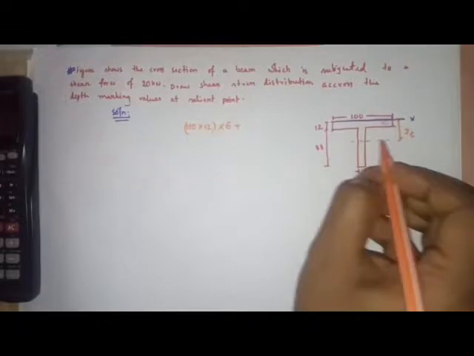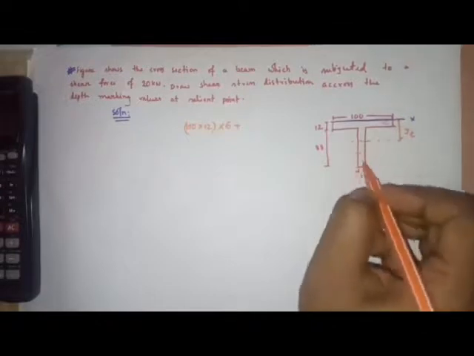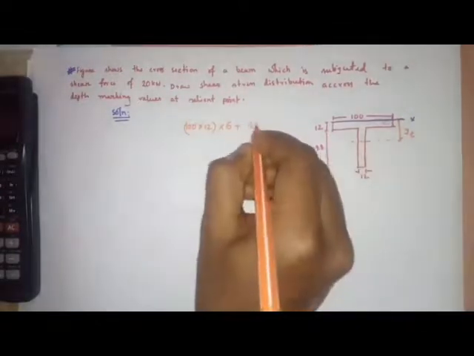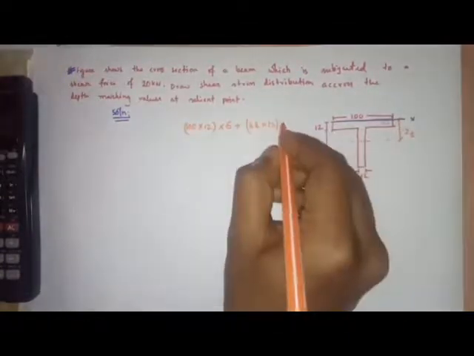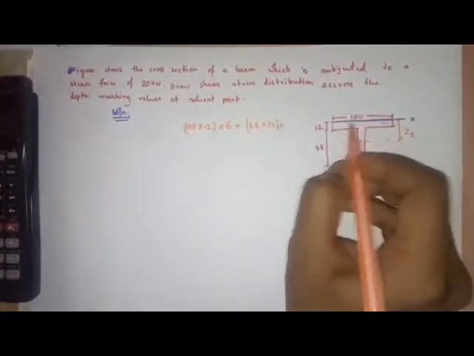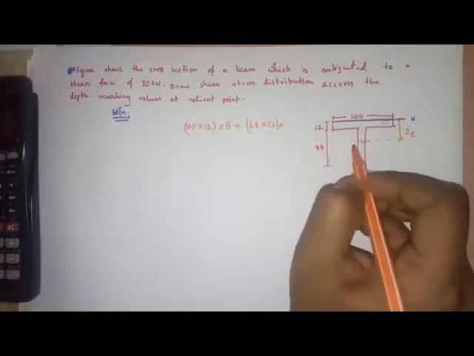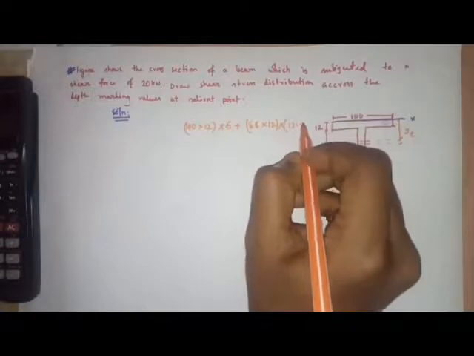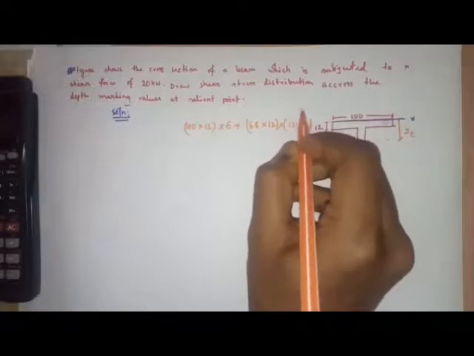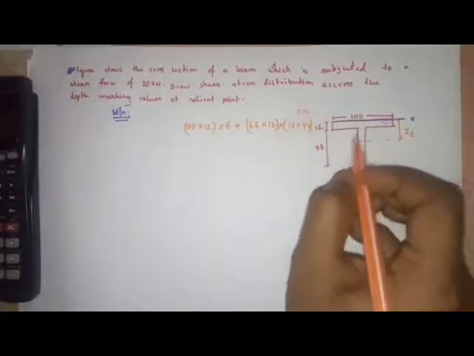Plus here's the other one. This area will be 88 into 12, and its centroid will be 12 plus 88 by half, that means 44. So 12 plus 44 will be the CG of this part.